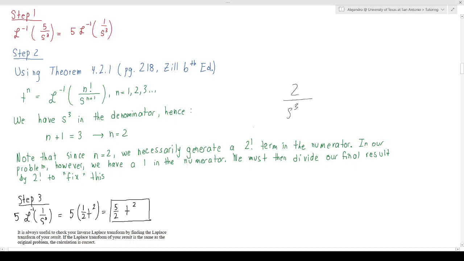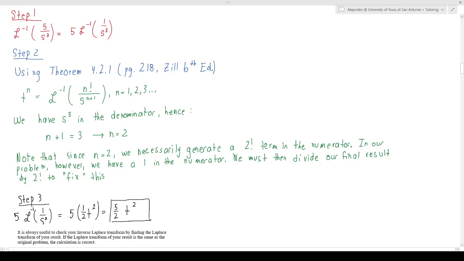So in order to fix this small deviation from the equation, we have to divide by the 2 factorial term. Because we don't have that in our function, we're generating it, so we have to get rid of it somehow to match our function. That's what's done in step 3.